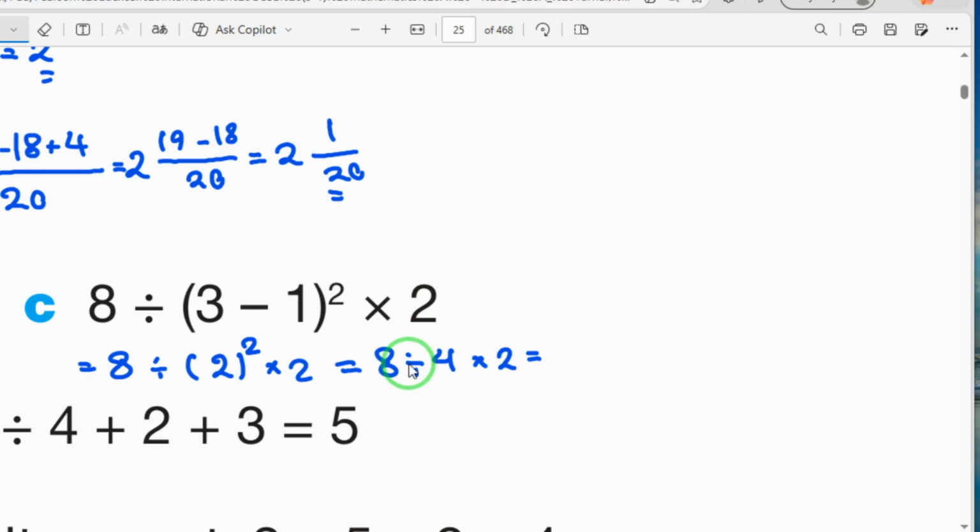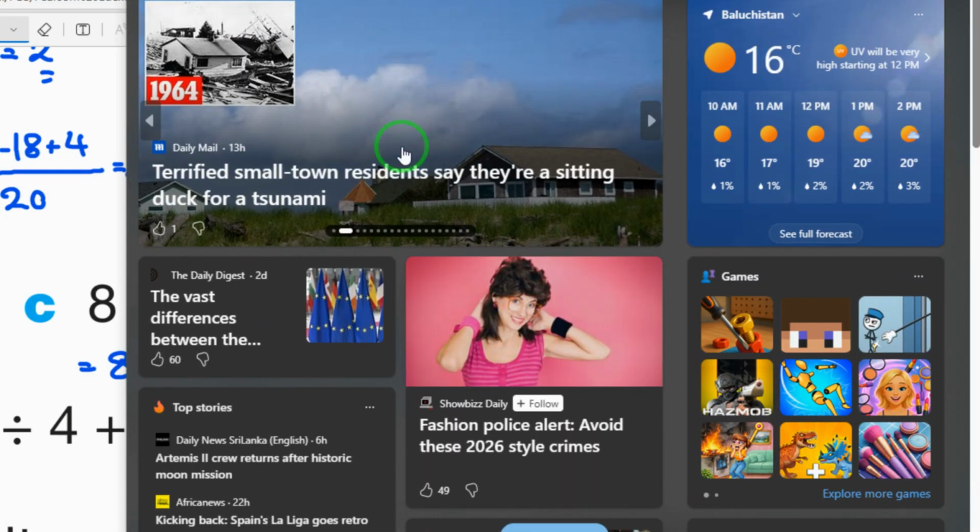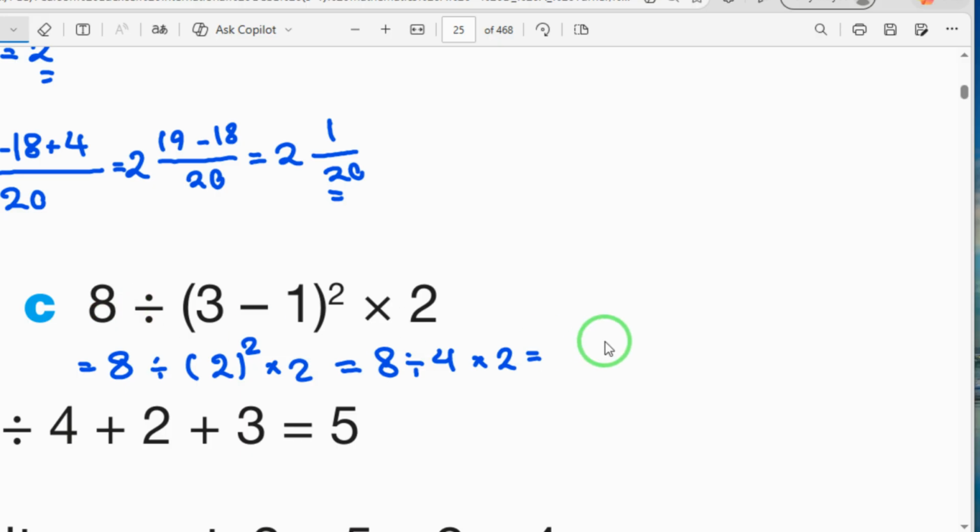According to BODMAS rule, first we divide here. 8 divided by 4 gives us 2. 2 times 2 is 4. So the final answer is 4.